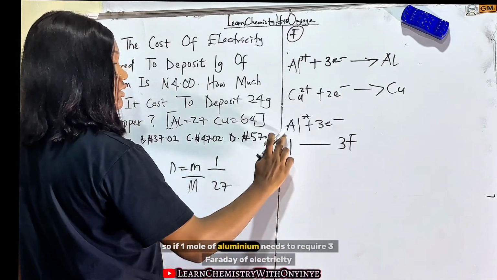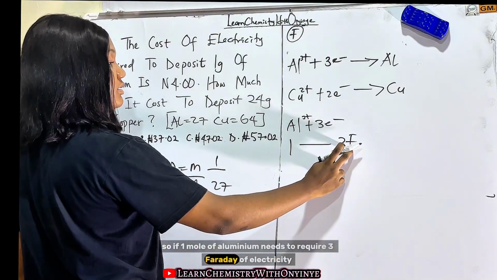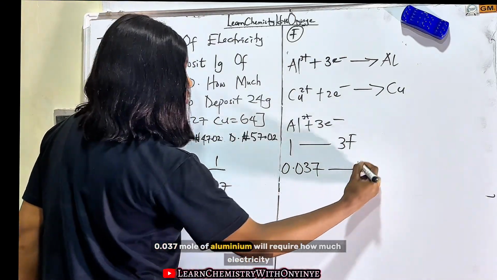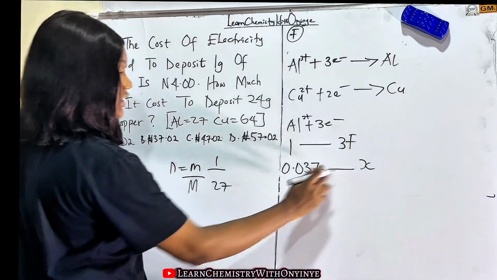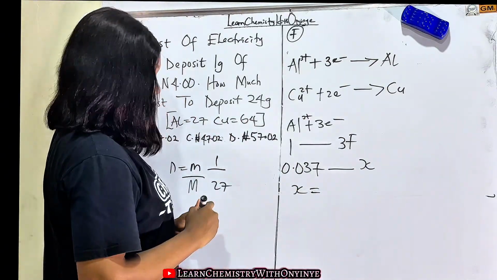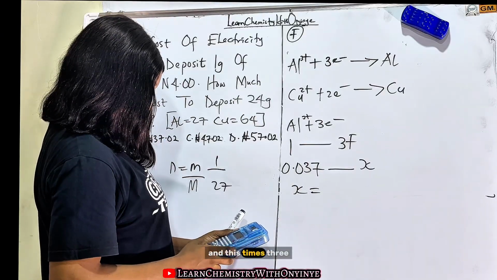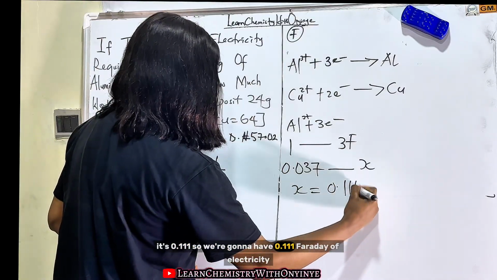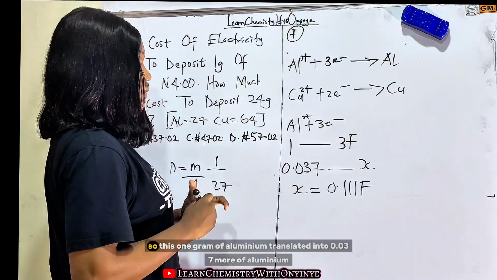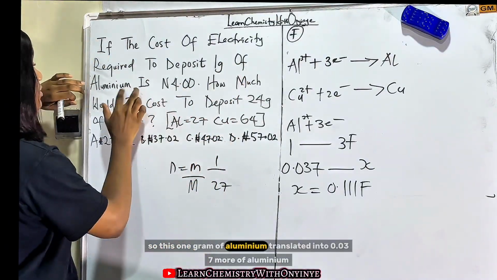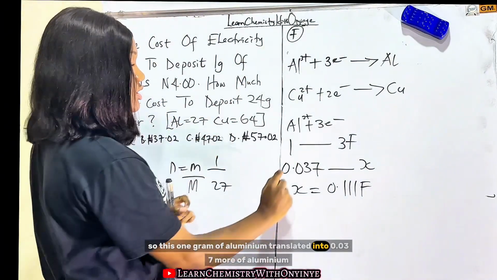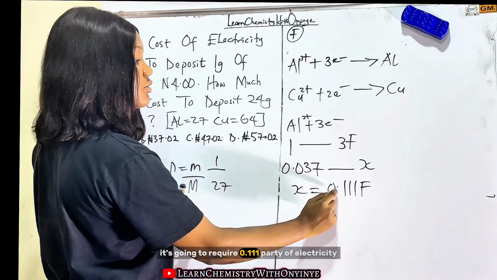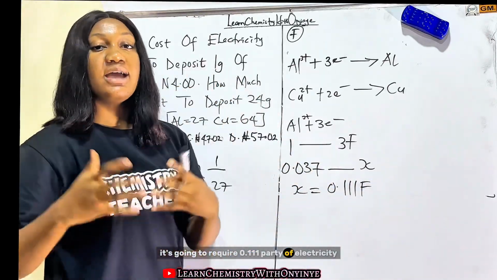So if 1 mole of aluminium requires 3 Faraday of electricity, 0.037 mole of aluminium will require how much electricity? So X times 1 is X, and this times 3, it's 0.111. So we're going to have 0.111 Faraday of electricity. So this 1 gram of aluminium translated into 0.037 mole of aluminium, it's going to require 0.111 Faraday of electricity.